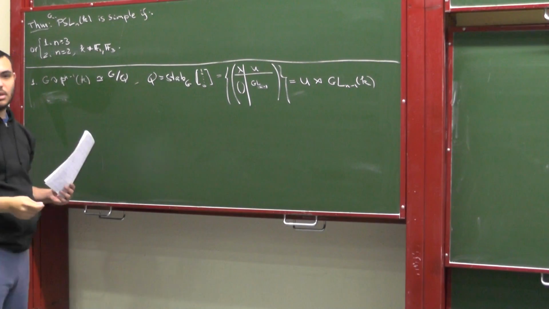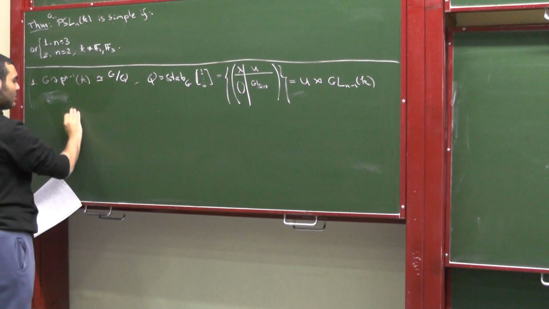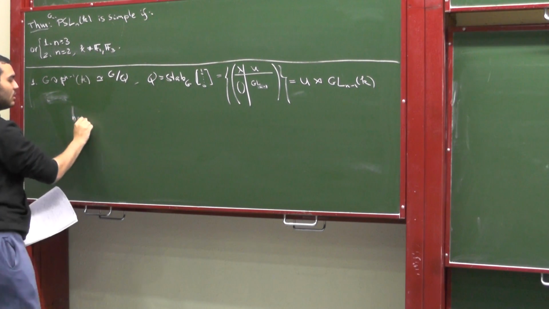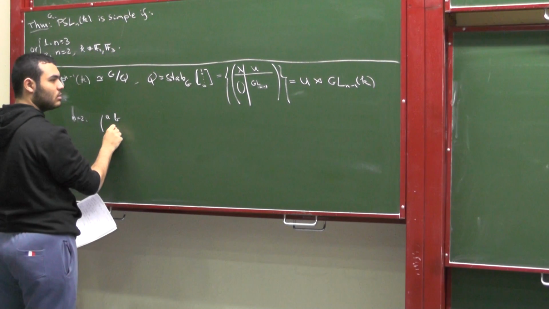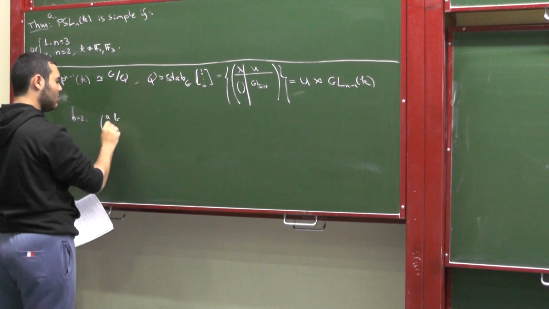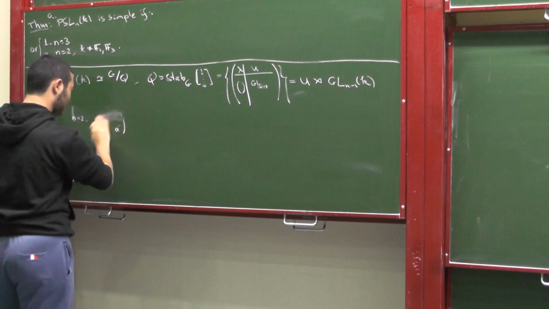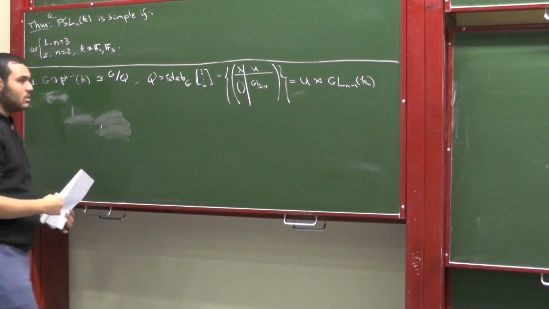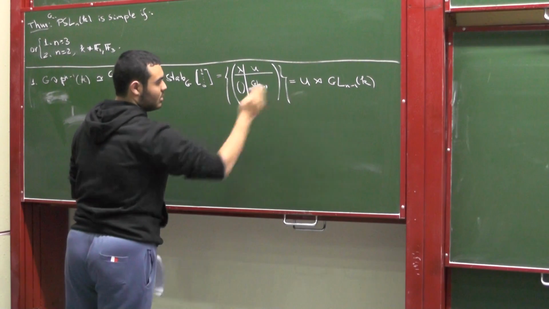Maybe just an example: if n is 2, then you just get this group. If you check this for n equals 2, you can see that U is indeed normal in this.